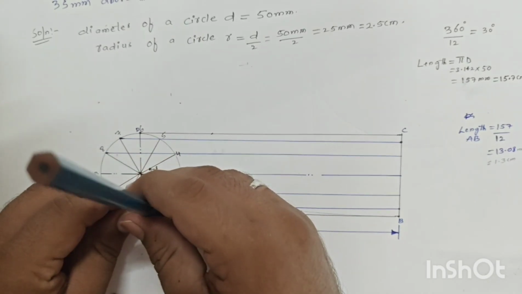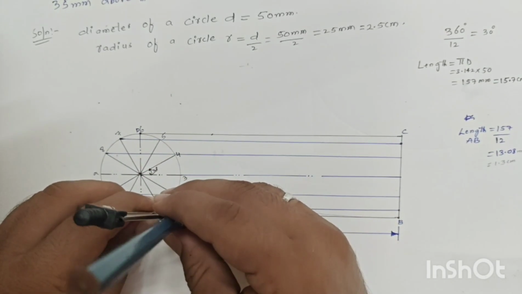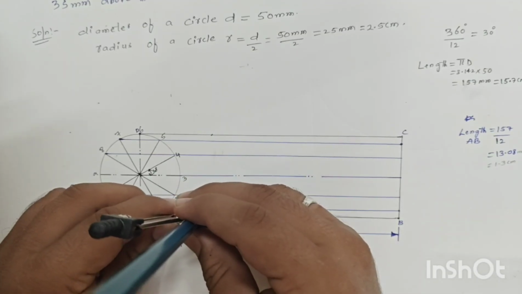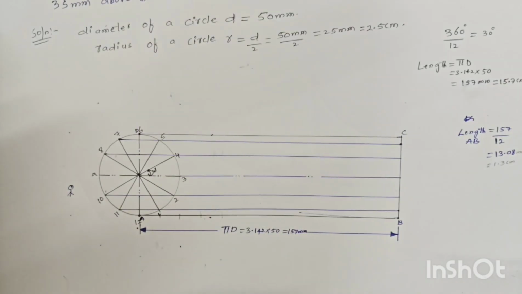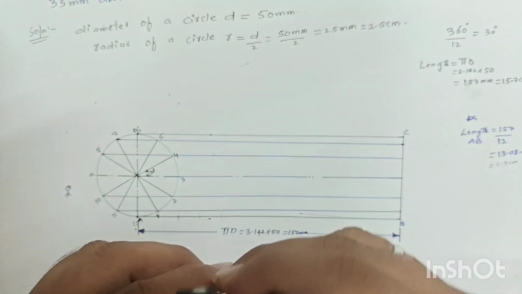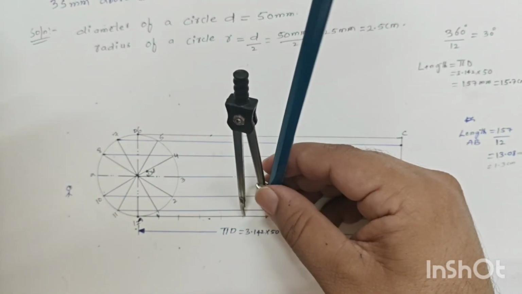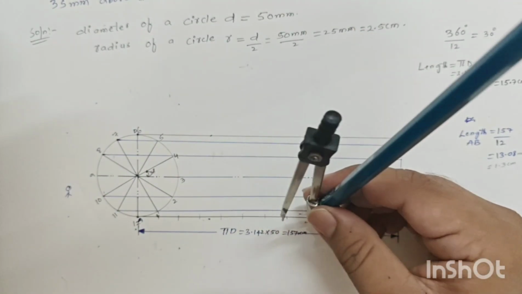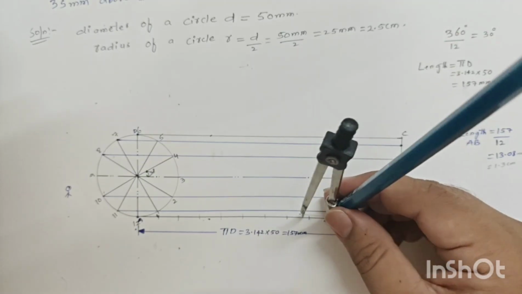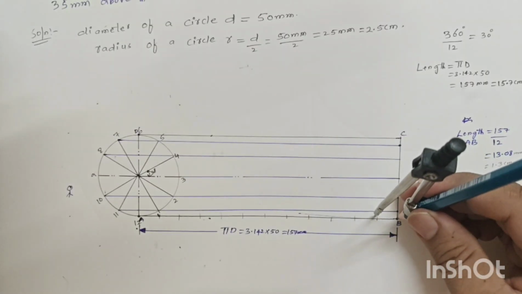Just you have to mark 1, 2, 3, 4. Okay. 5, 6, 7, 8, 9, 10, 11, and this is 12.